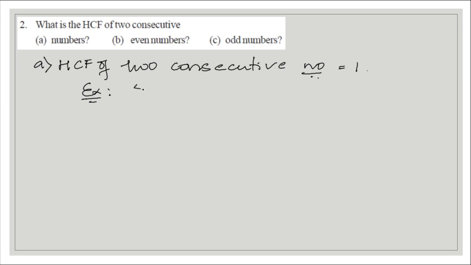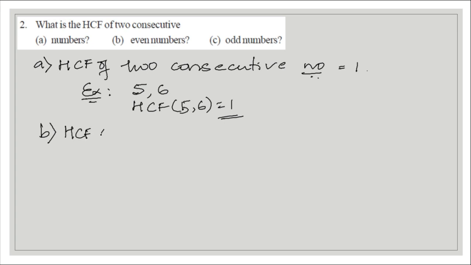If I consider some number 5, the next number will be 6. The highest common factor of these numbers is 1. This holds true for all consecutive numbers. Whenever a pair of consecutive numbers is considered, we get the highest common factor as 1.